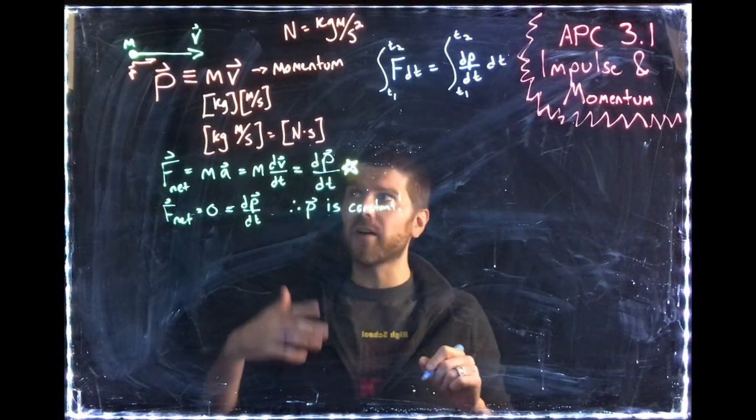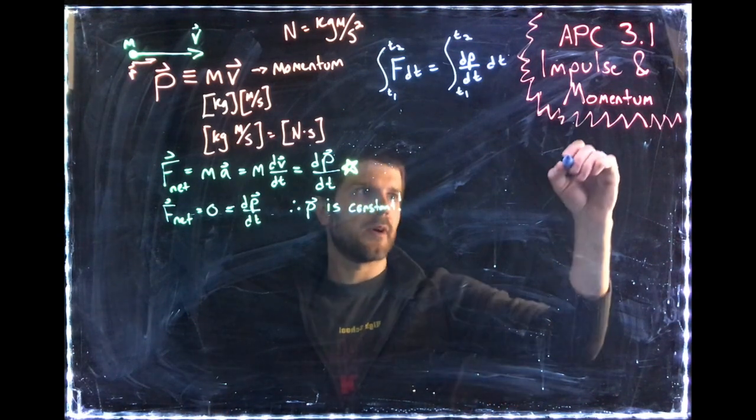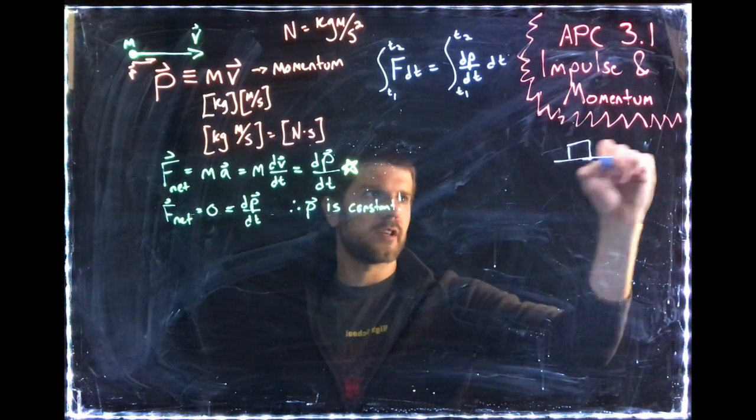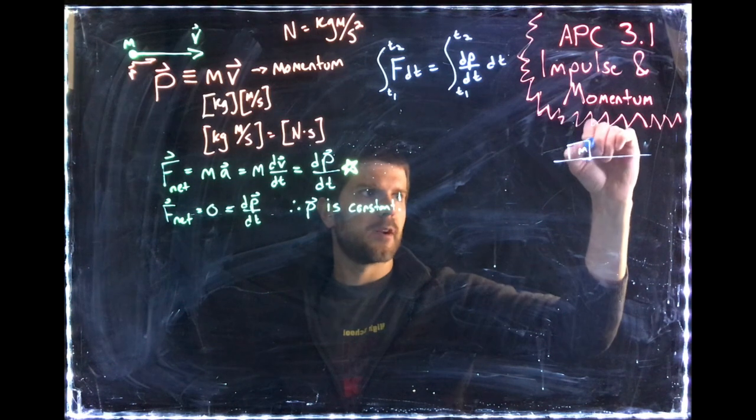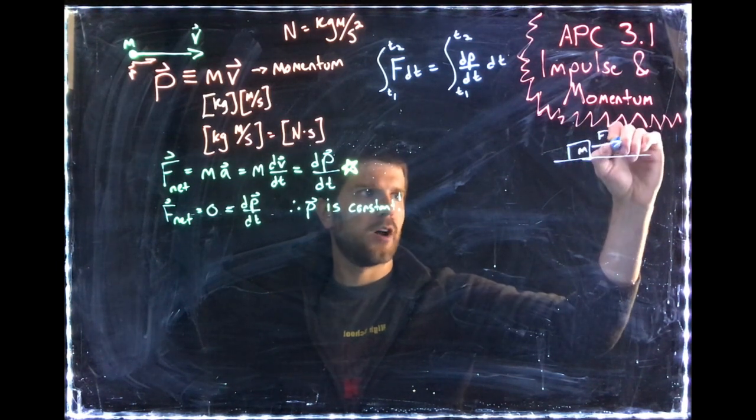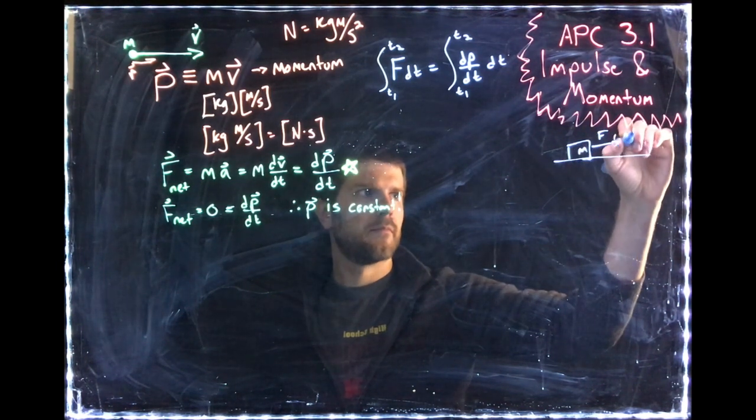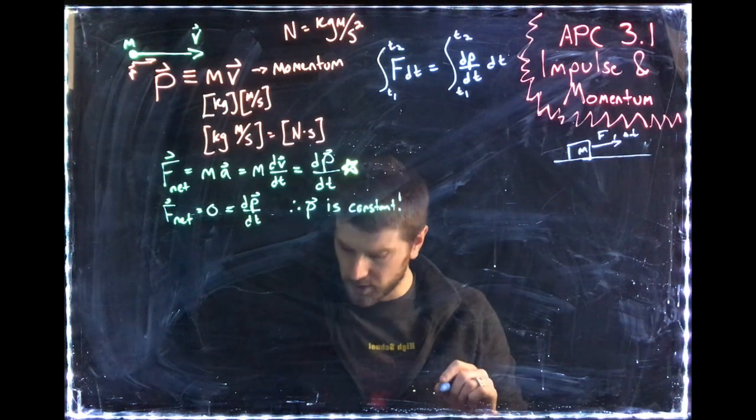That is, I'm going to apply a force to this object. So maybe I've got a box or whatever sitting here, and I'm going to apply a force to it for a certain time, delta t, between t1 and t2.